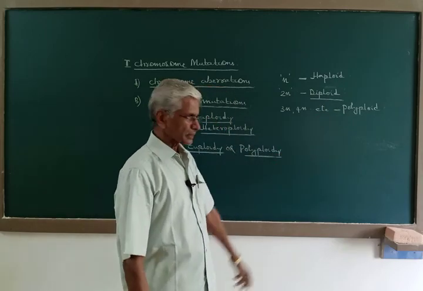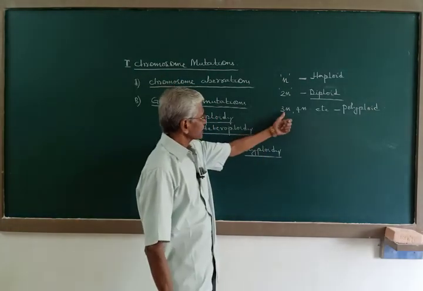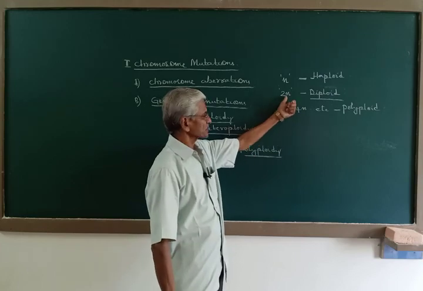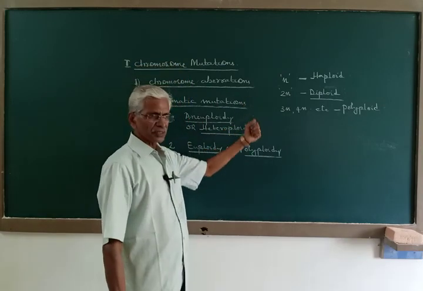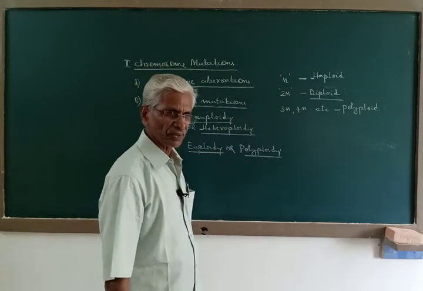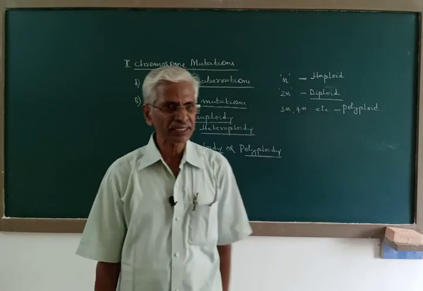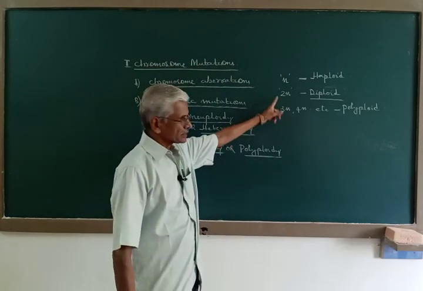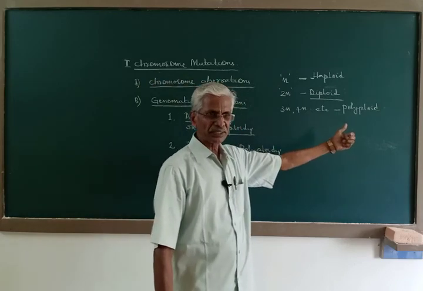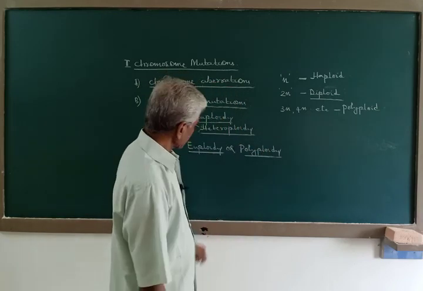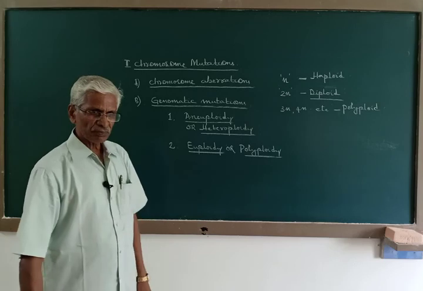So what is polyploid? Polyploid is the individual where the number of sets of chromosomes is more than two. Normally individuals have two sets of chromosomes and are diploid, denoted as 2n. But when more sets of chromosomes are added, that is when it becomes 3n, 4n, etc., the individual is called polyploid, and the condition is called polyploidy or euploidy.